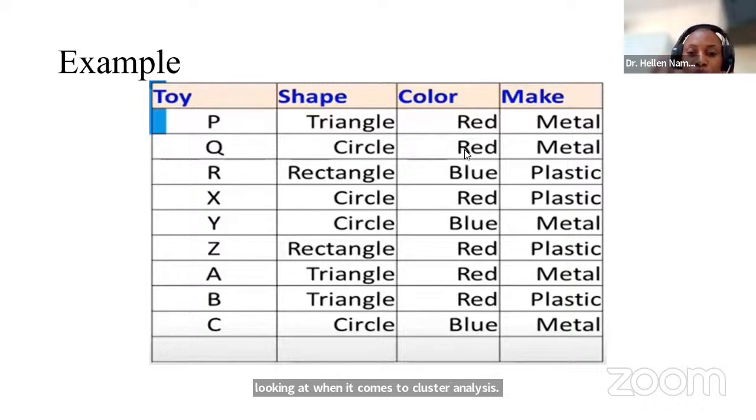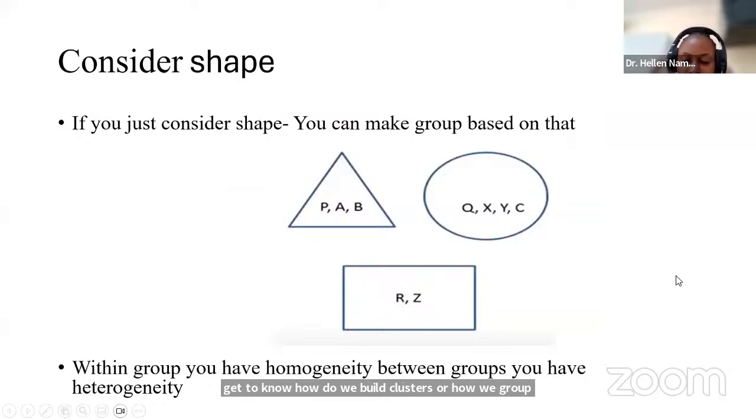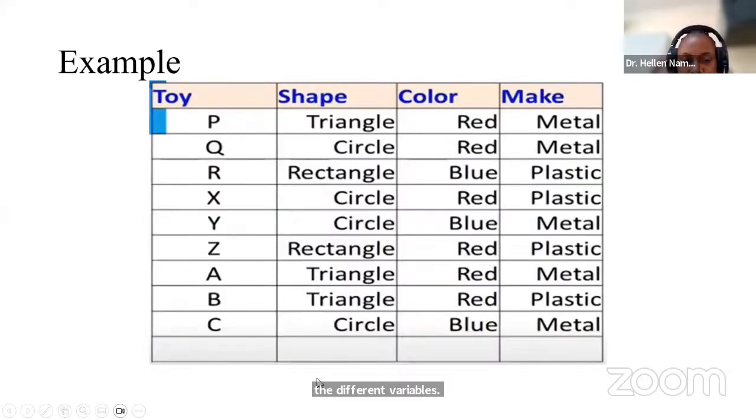Based on this small data set, we're going to get to know how we build clusters, or how we group the different variables. Let's go back to our table and assume that we consider shape. Under shape, it's either a triangle, a circle, or a rectangle.